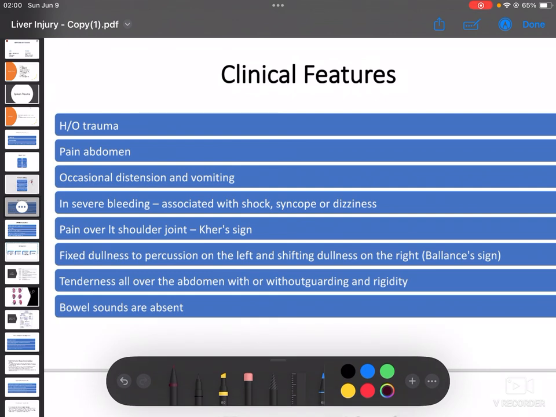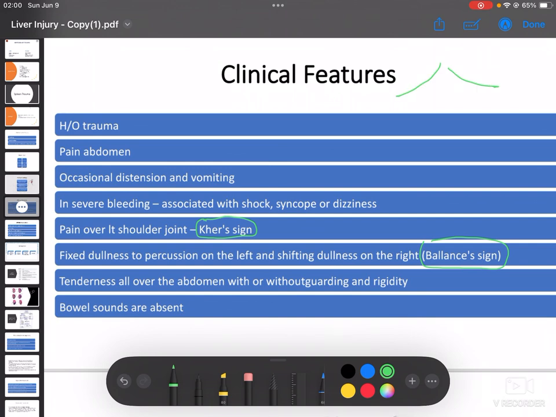This is a very atypical sign, which is known as Kehr sign. Then there is fixed dullness to percussion on the left and shifting dullness on the right. This is the Balance sign.